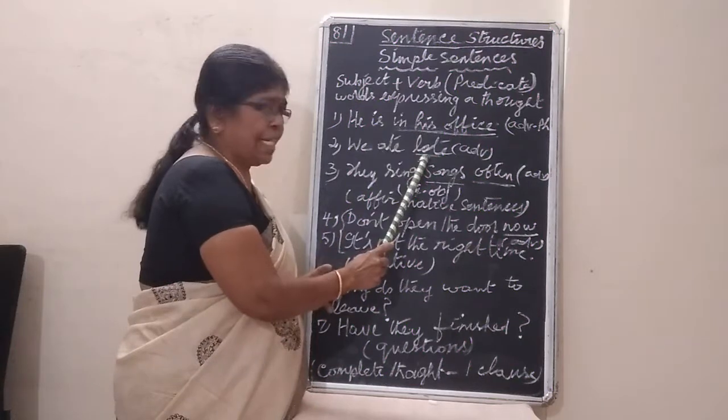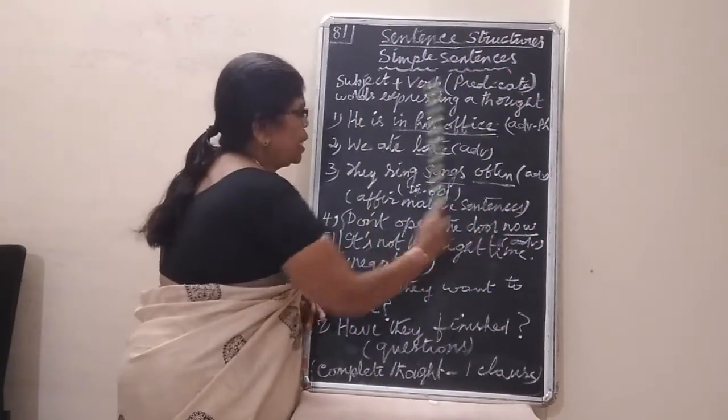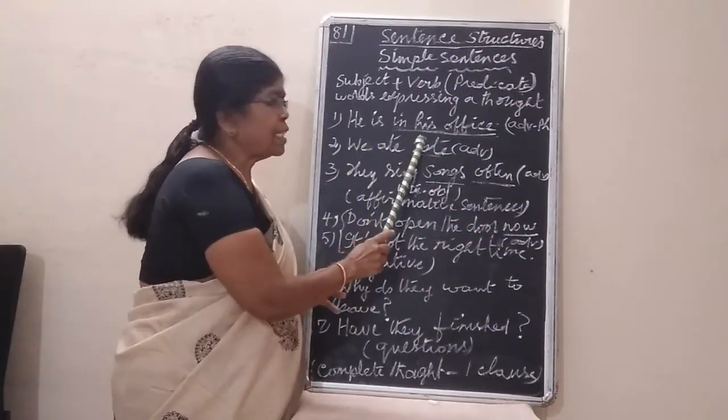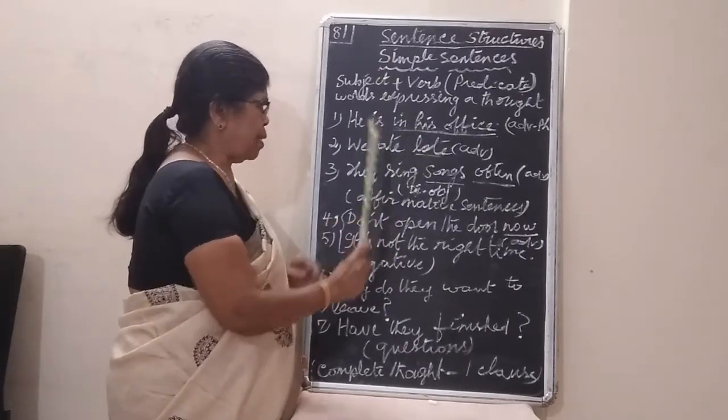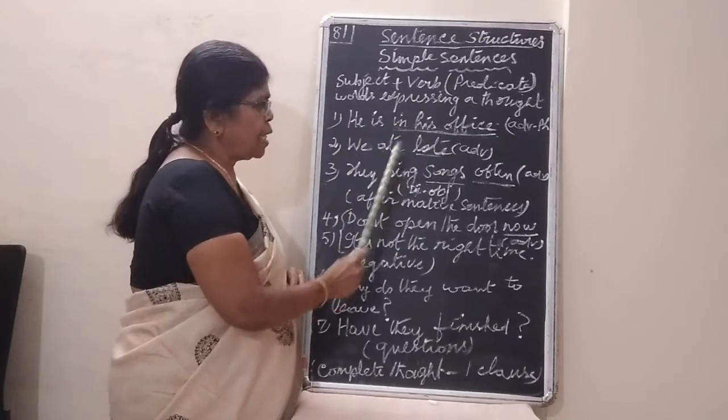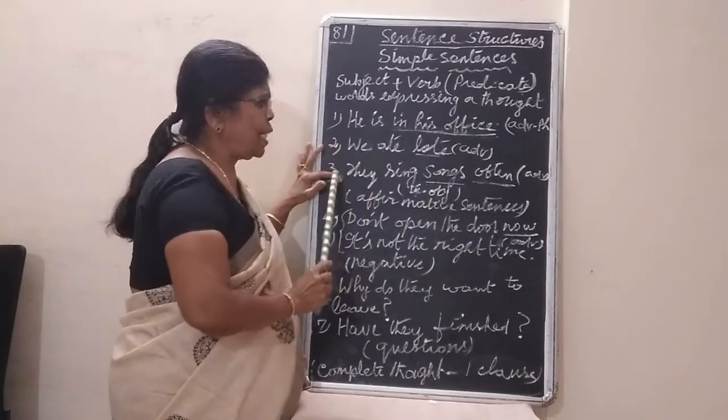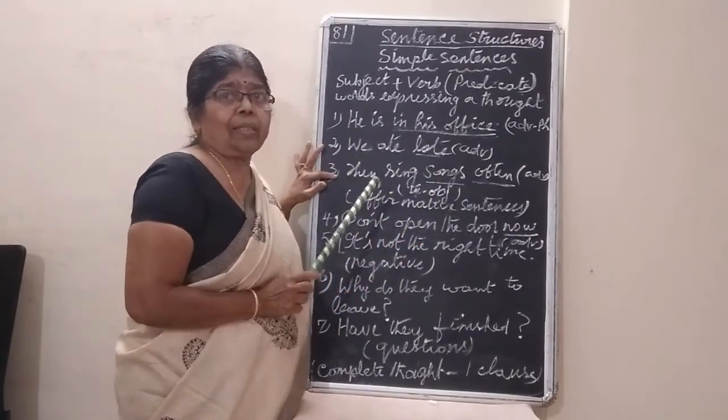We ate late. Subject, predicate. When? Late. So, adverb. They sing songs often. So, what do you understand here? Many parts make a sentence.